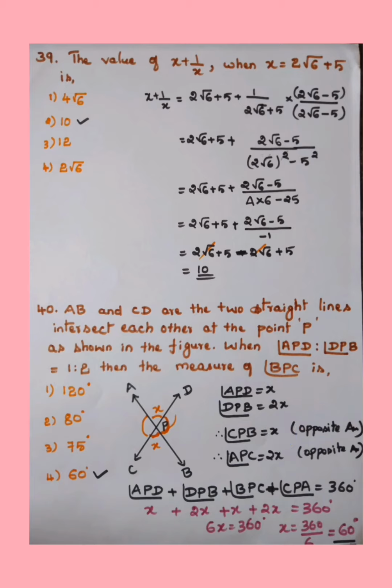Then since DPB is equal to 2x, APC is also 2x, opposite angles. Adding up all these 4 angles, you will get 360. Substituting the values x, 2x, x, 2x gives us 6x is equal to 360. So x is equal to 360 by 6, that gives us 60 degrees. This is the answer, 60 degrees.